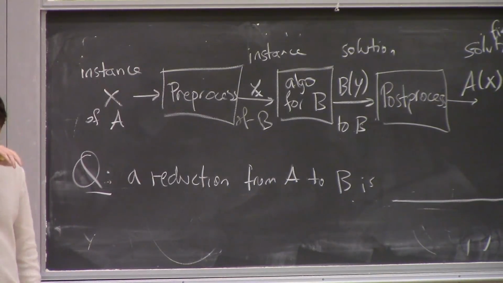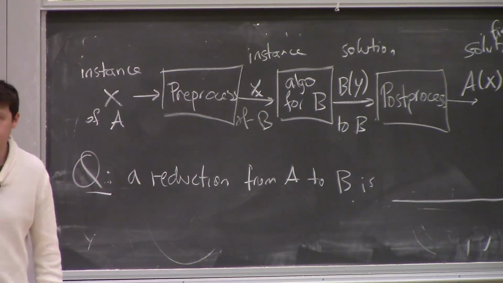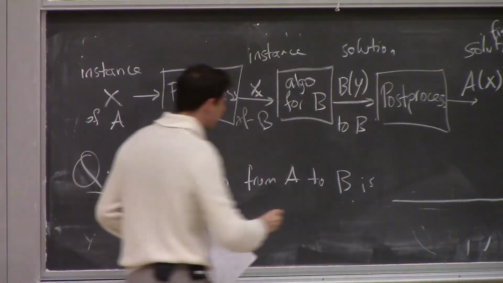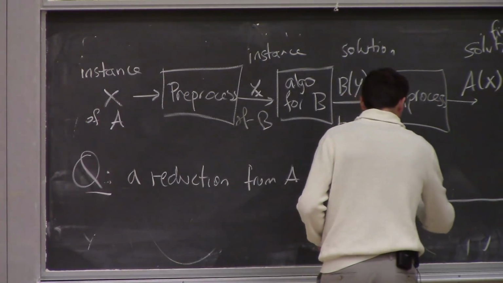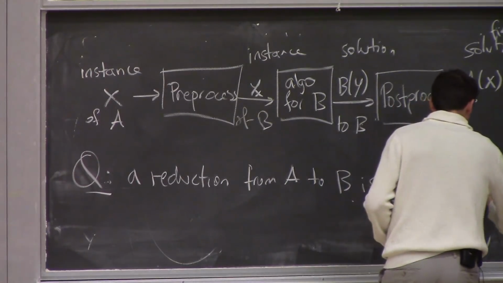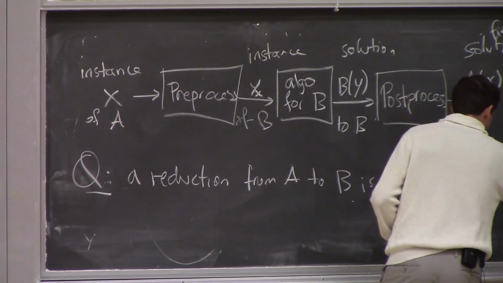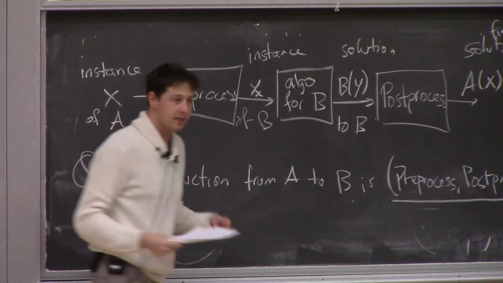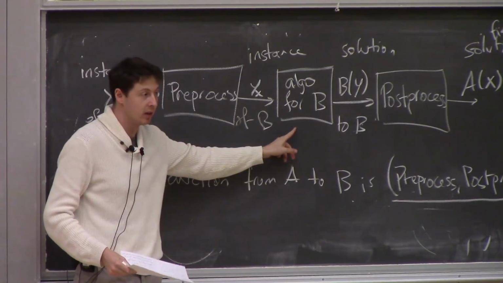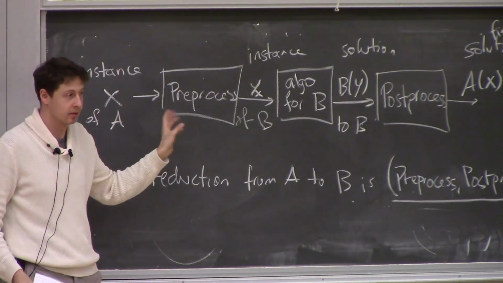What is it? Yeah, exactly. So that's two algorithms, one to pre-process and the other to post-process. The end. That's what a reduction is, okay? It is a tuple where you have a pre-process algorithm and a post-process algorithm, such that when you write them in this fashion with any algorithm for B in the middle, you get an algorithm for A. Okay?